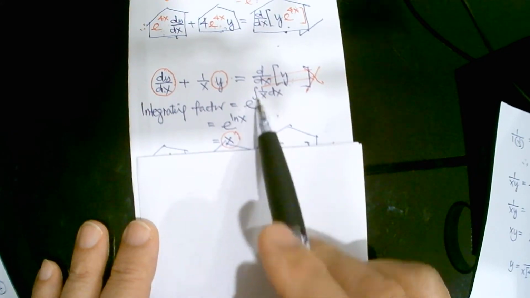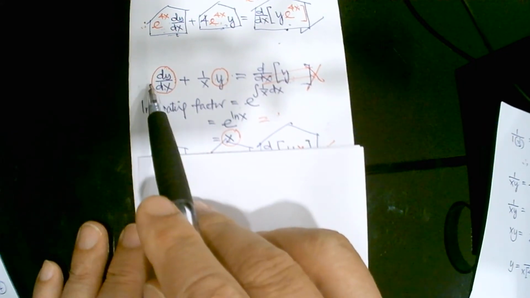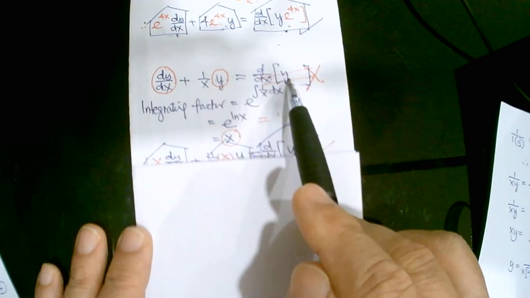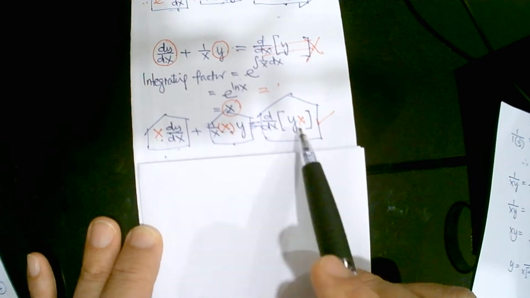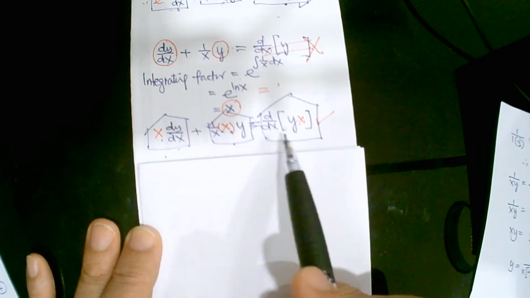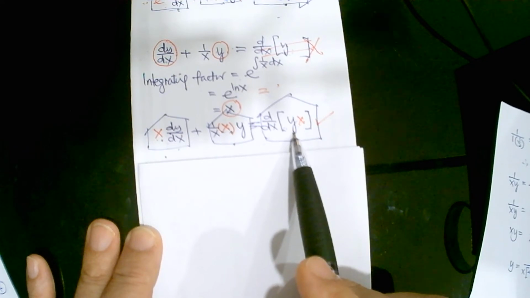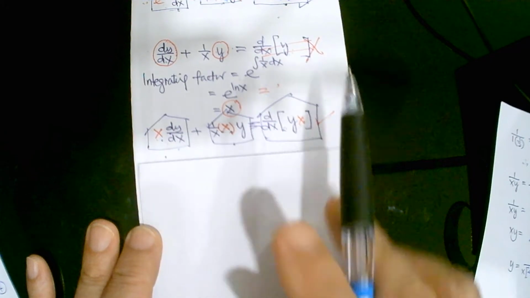So you integrate this, you get ln x. e to the ln x is x. So the integrating factor is x. So you multiply x, multiply x. Then with the integrating factor x, you can combine. You see, two houses now combine to get only one house. You combine them into one house.